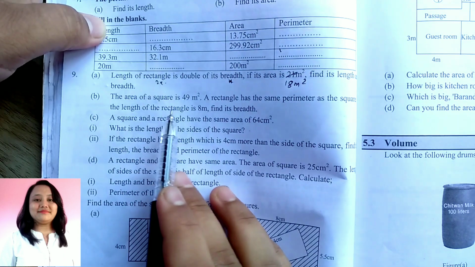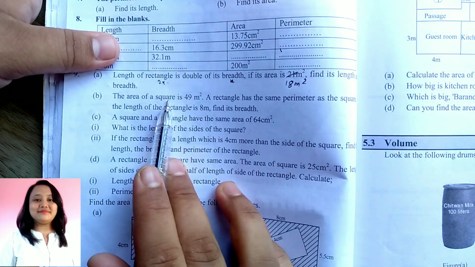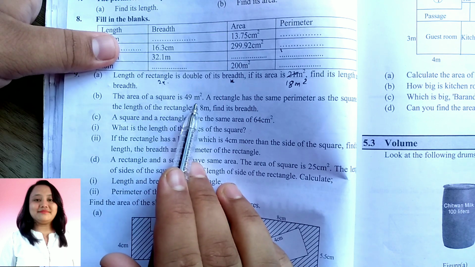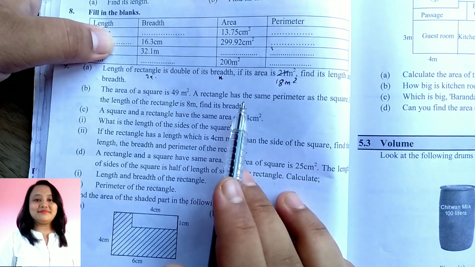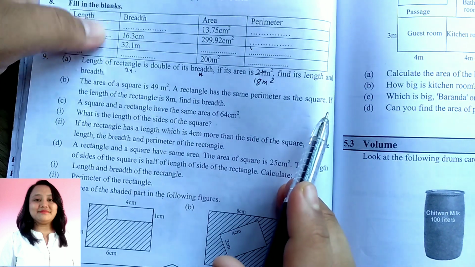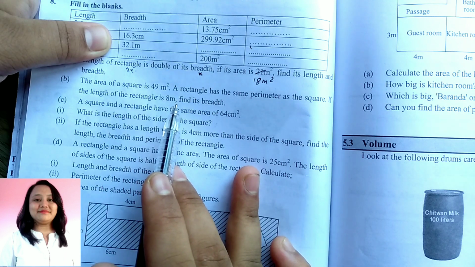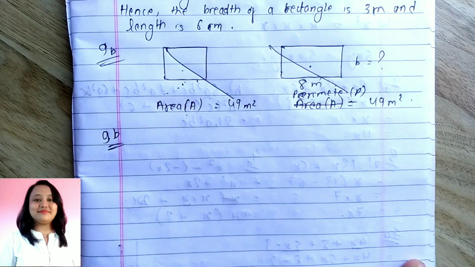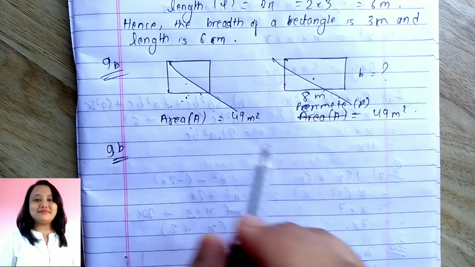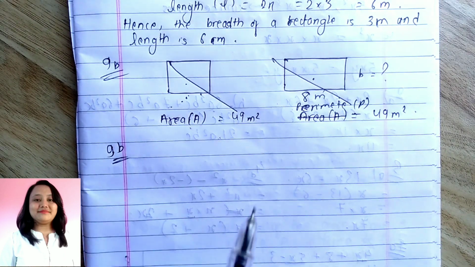Similarly, now in question number B you can see that the area of a square is given, 49 meter square, and the rectangle has the same perimeter as the square. If the length of the rectangle is 8 meter, find its breadth. Since the question is saying the perimeter is the same, let me draw this again.